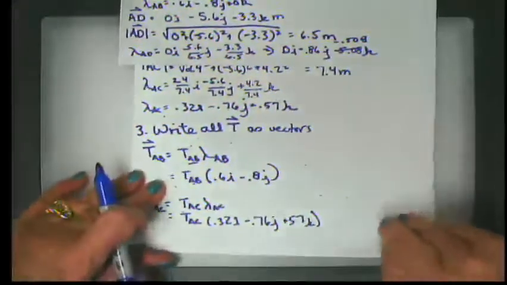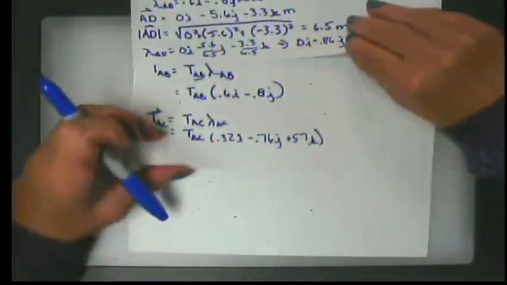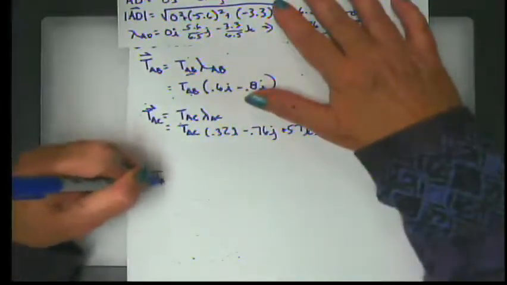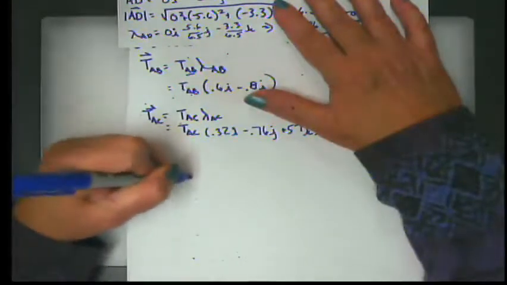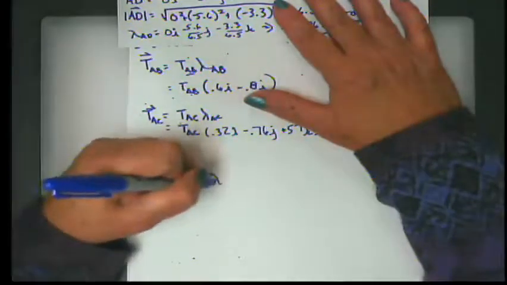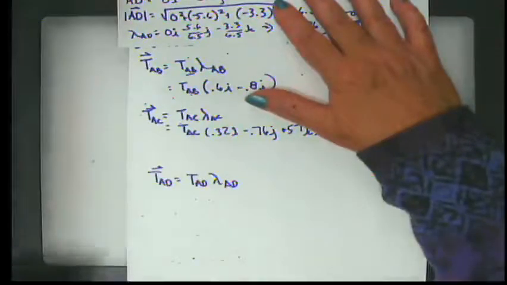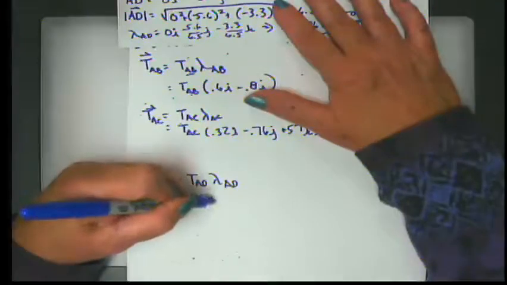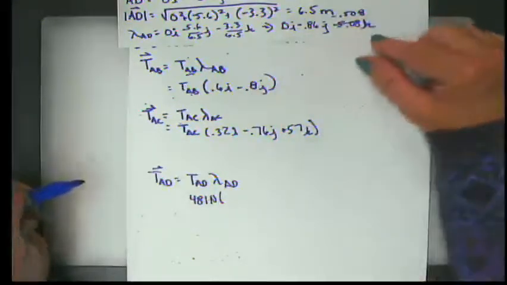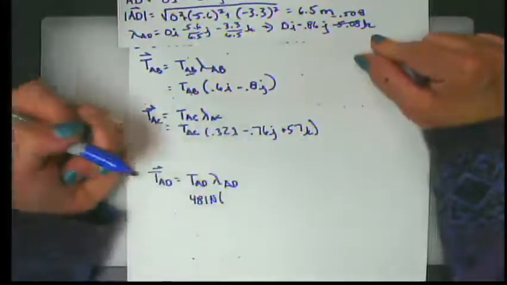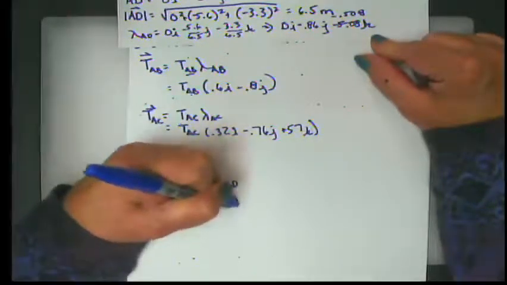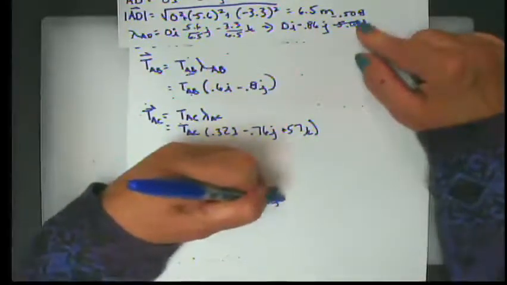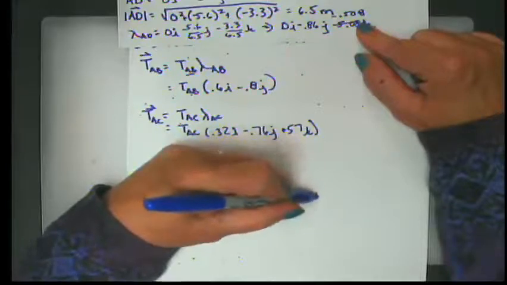And then the last one that we can simplify a little bit is the vector tension AD, which is equal to the magnitude of the tension AD times lambda AD. We're told that the magnitude of the tension is 481 newtons, and we found that lambda AD is 0i, I'll put that in as a placeholder, minus 0.86j minus 0.508k.